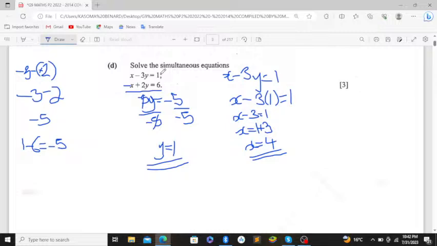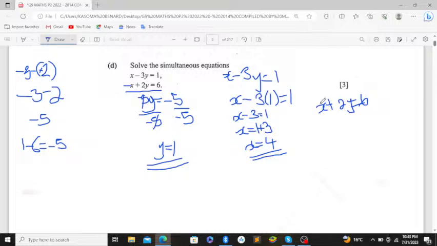If you want, you can also try using the second equation. So we have got the second equation, which is x plus 2y is equal to 6. Remember, if we find the answer to be 6, then that means our answer is correct.